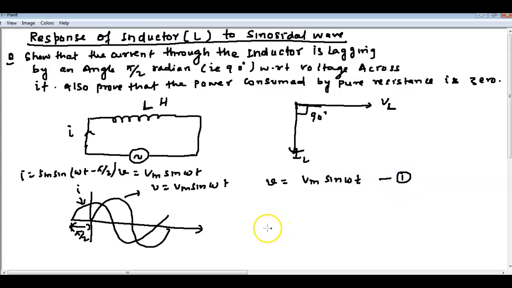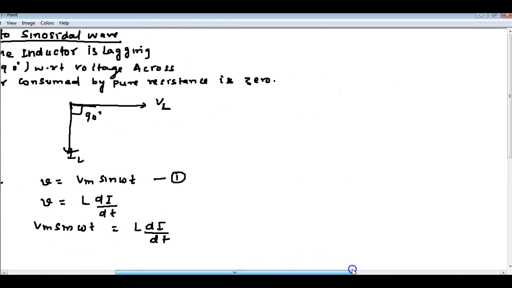The voltage in the coil is V is equal to L into di by dt, as we studied in the magnetic field: E is equal to L into di by dt. Here you substitute the values: Vm sine of omega t is equal to L into di by dt. We can cross multiply here. So what will you get?